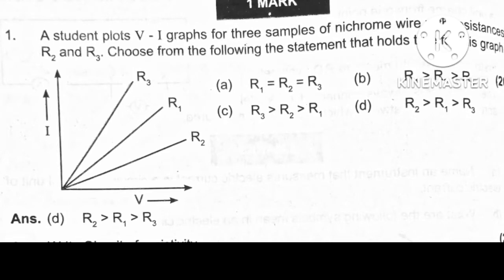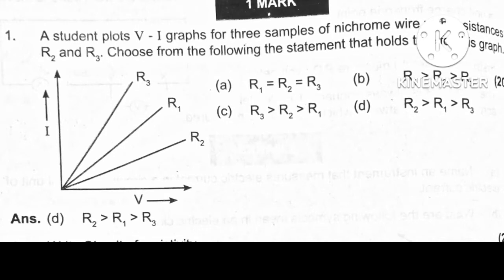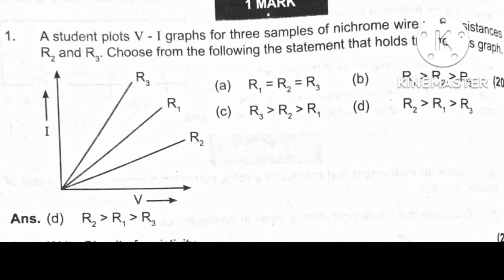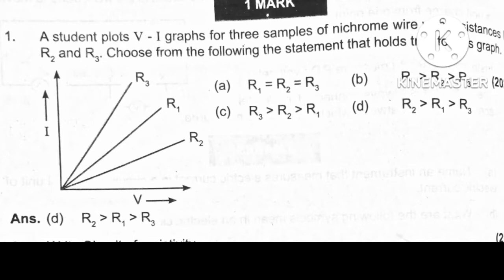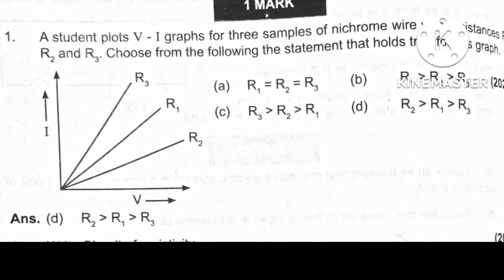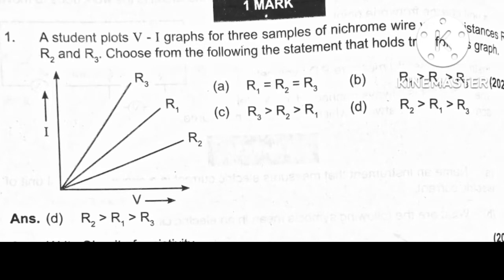The options are given. Option A, R1 is equal to R2 equal to R3, option B, R1 greater than R2 greater than R3, option C, R3 greater than R2 greater than R1, and D is R2 greater than R1 greater than R3.